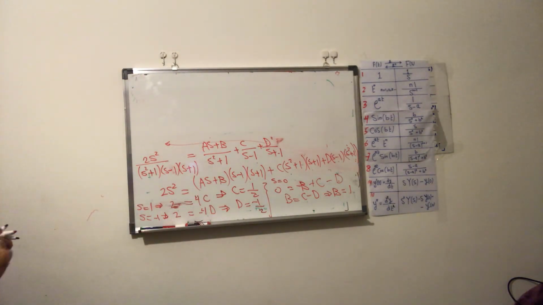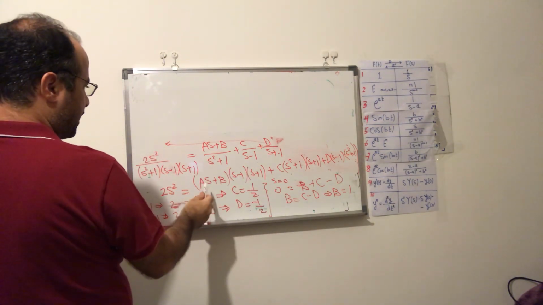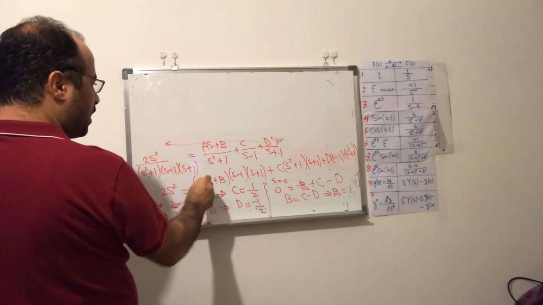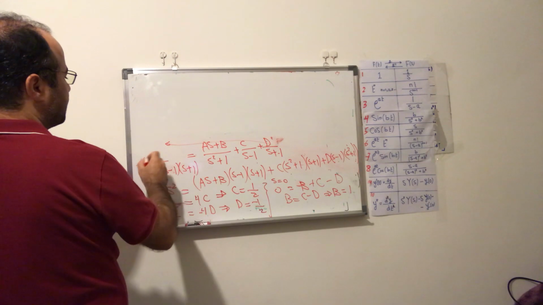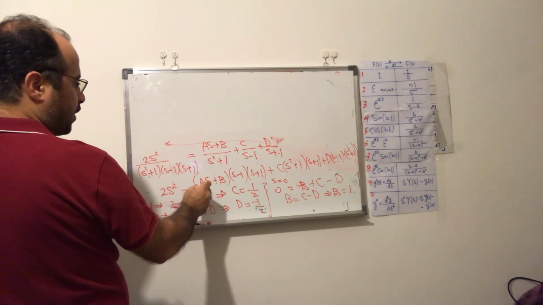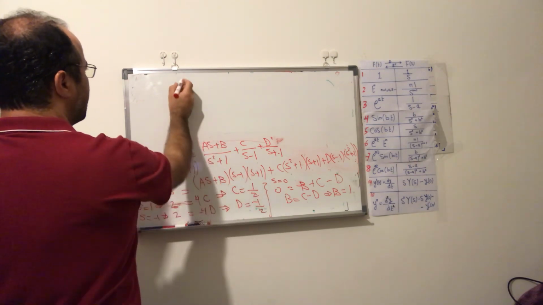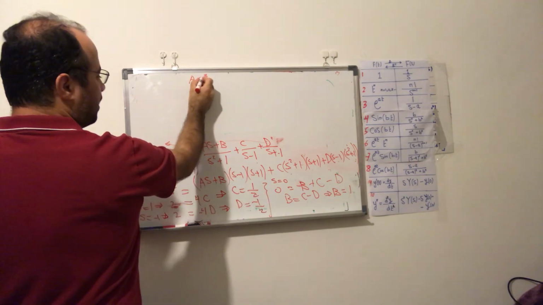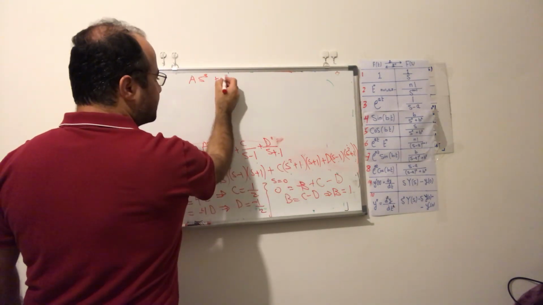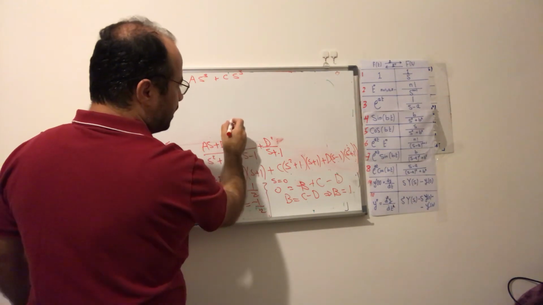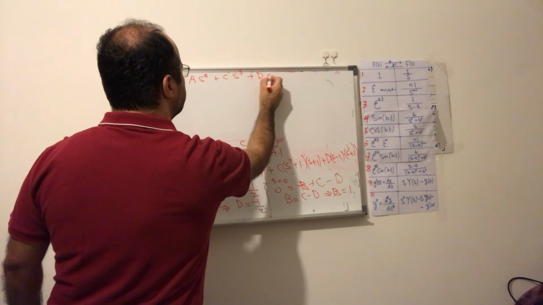How are you going to find A? You can go with a trick, comparing the coefficient of s cubed, for example. So here you're going to have 1, if you multiply this, you're going to have A s cubed here, yeah? And from this you have 1 C s cubed, and you're also going to have plus D s cubed, right?